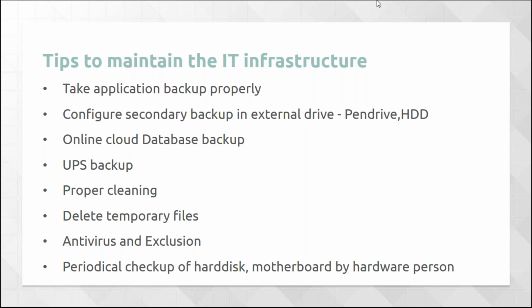Third point is, as I was saying earlier, improper shutdowns or shutdowns due to power failure. Those are the major cases where your database gets corrupted. So we must have at least a UPS for each and every server machine. The least basic UPS will give a backup time of 20 minutes.